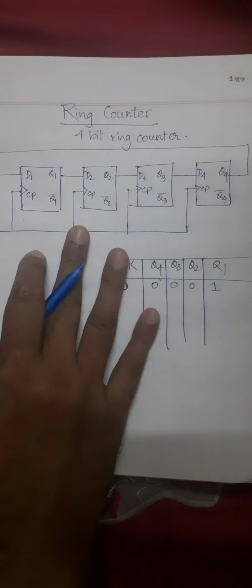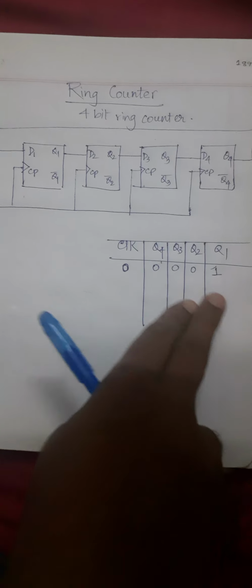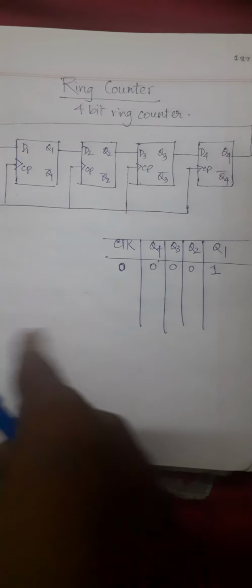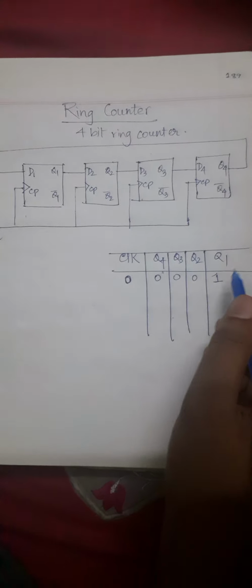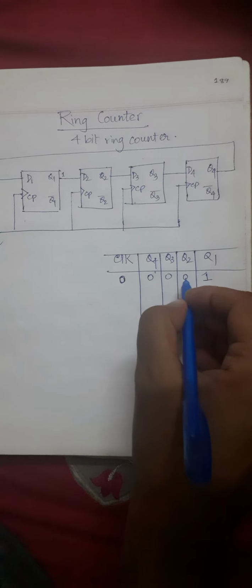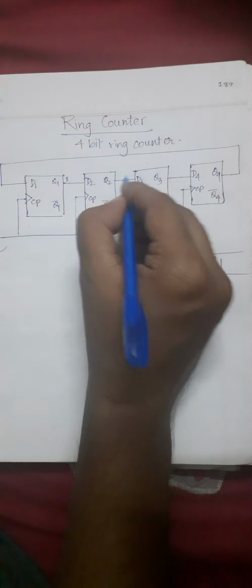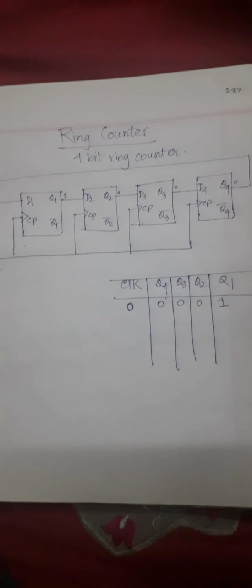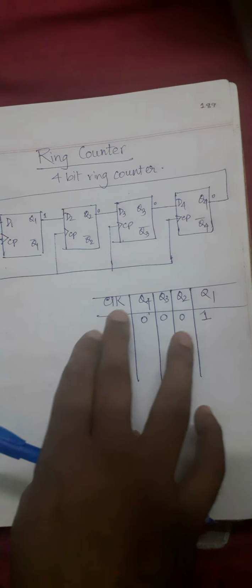So if we have these values, let's fill this circuit with these values. Q1 holds a value of 1, Q2 holds a value of 0, Q3 0, Q4 0. This is what we are assuming when the clock pulse is 0.